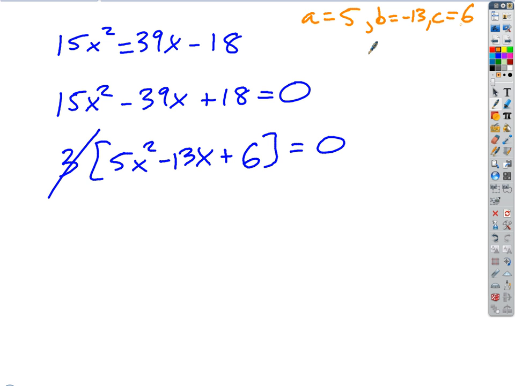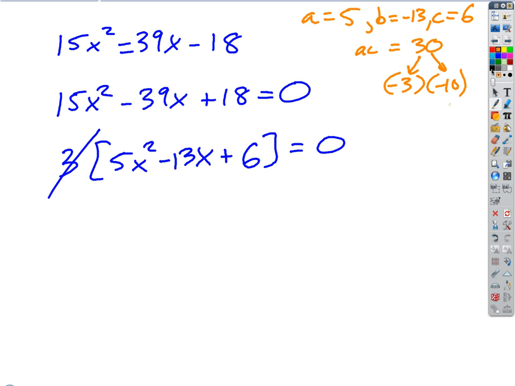We want to find numbers that multiply to 30 and add to -13. What would those be? So -3, -10. Good, right? They'd have to both be negative, wouldn't they? Okay, so I'm going to split this up into -3 and -10.